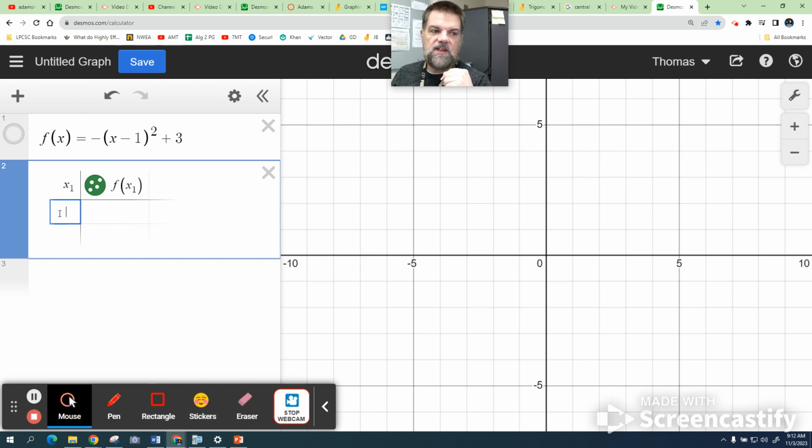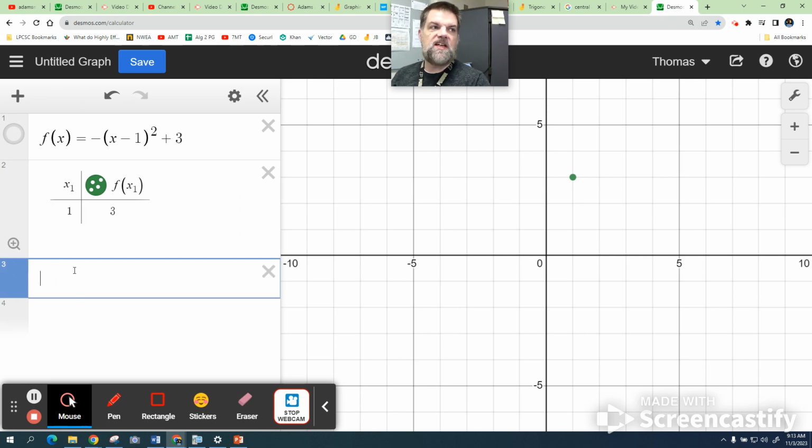Okay. Now, I'm saying that when x equals 1, what is my y value? Now watch this. It automatically calculates it for you. You see that? Now go down underneath, and I want you to do one more thing. This is another way to write that. You could say f in parentheses, type 1, and then close the parentheses, and see what it says.